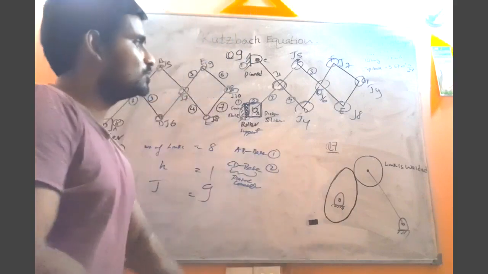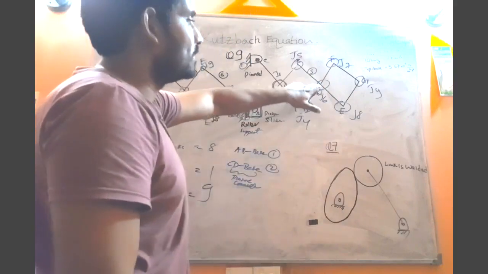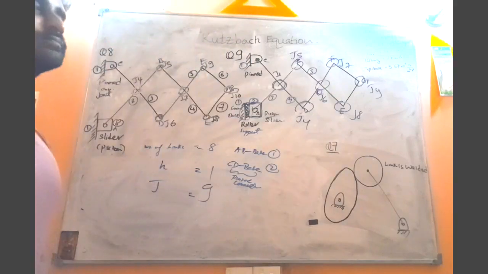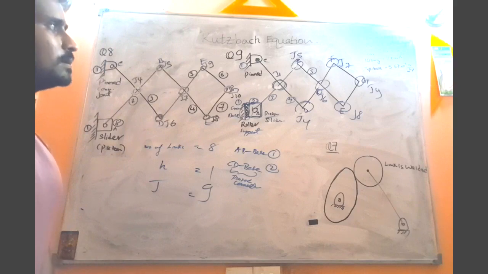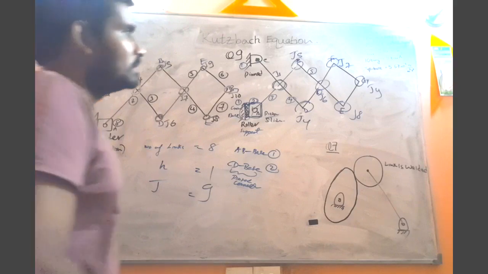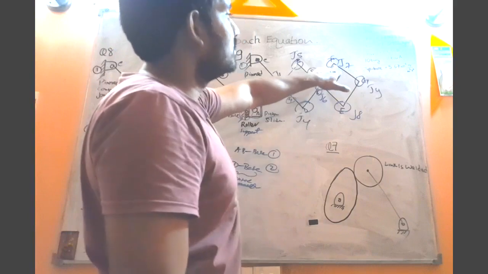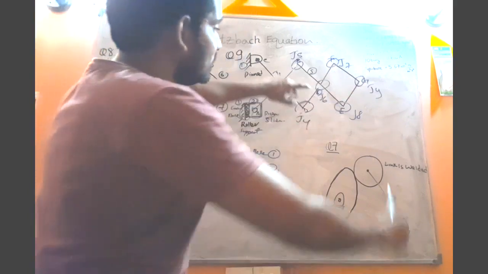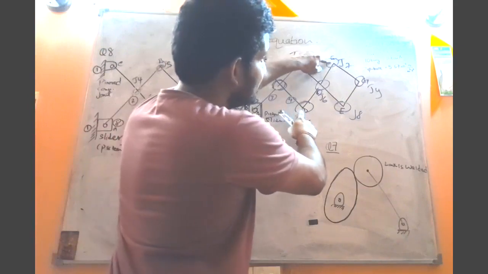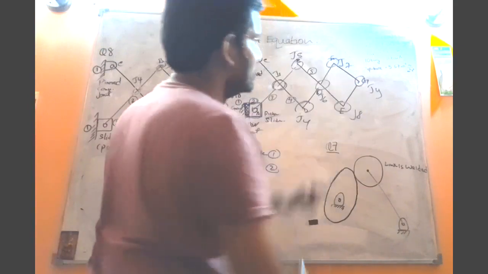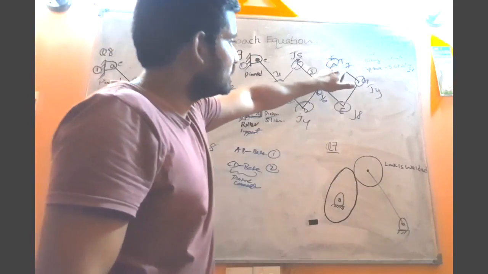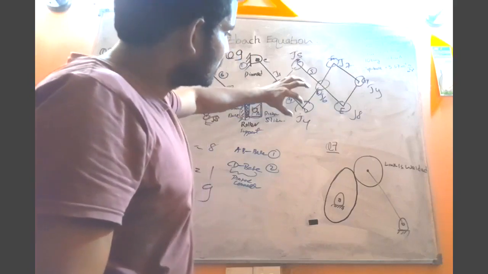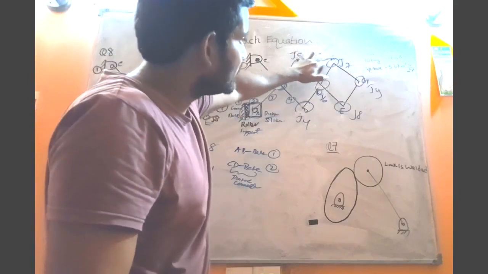So that is joint number 6, the cross joint here. Then joint number 7 is the joint that connects the link DF with FG.